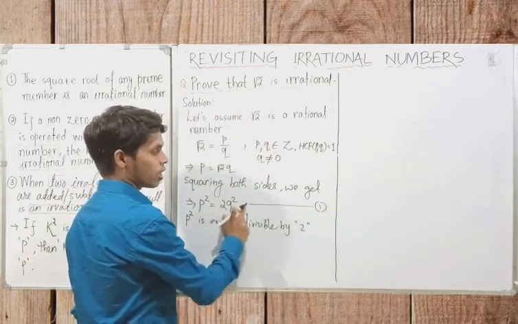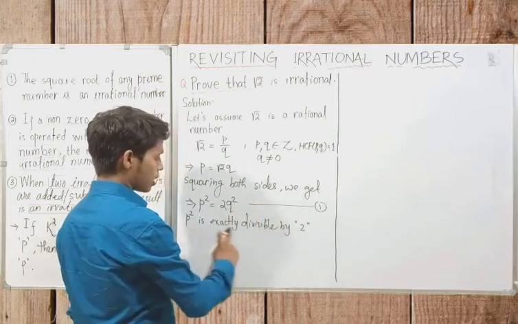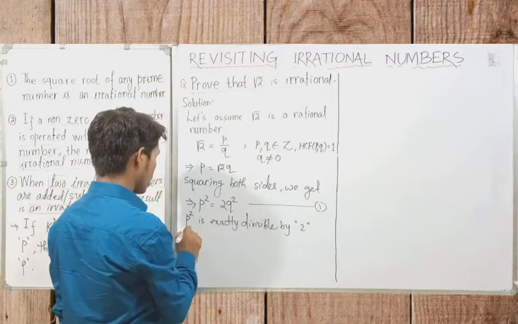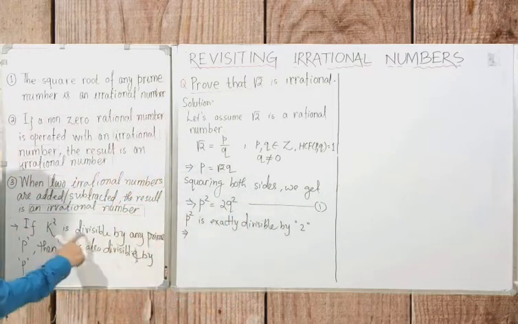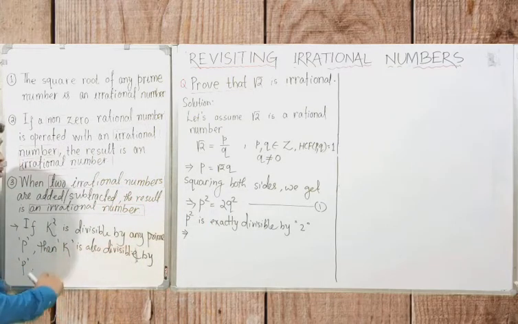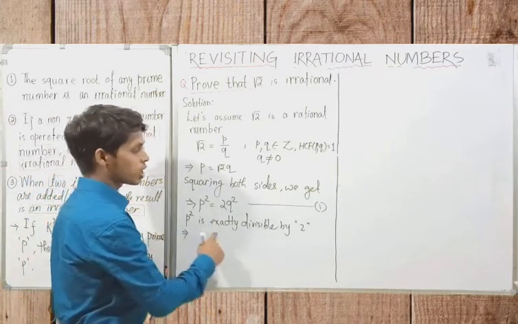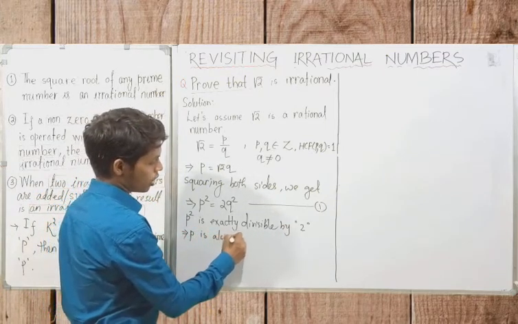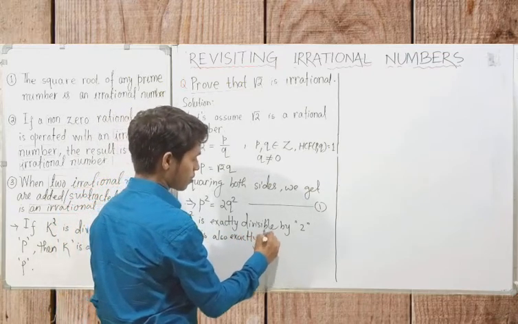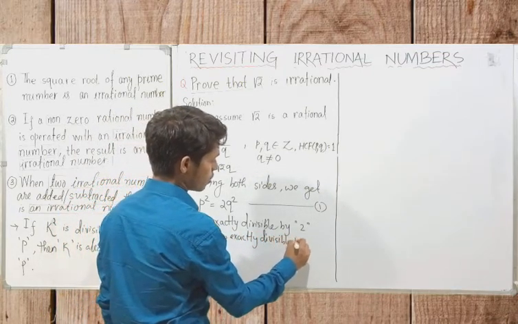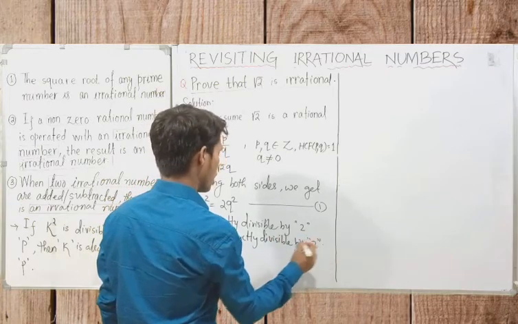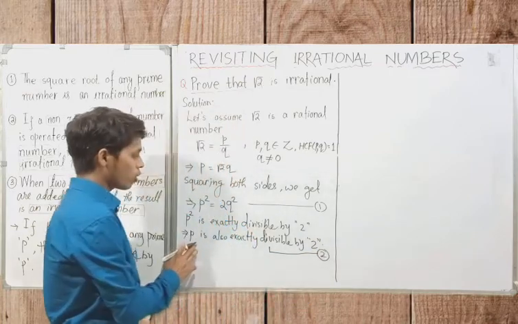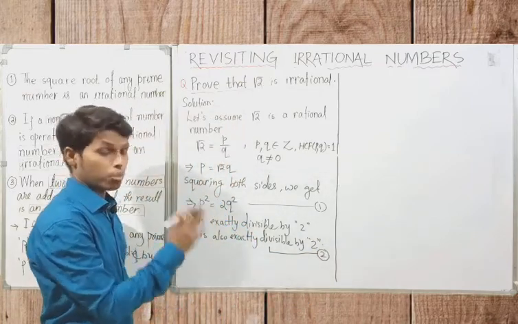This first equation I named as 1. Then this statement p square is exactly divisible by 2. After that we will use this concept that if k square is divisible by any prime number p, then k is also divisible by that prime number. Similarly, if p square is divisible by 2, then p is also exactly divisible by 2. Very simple. Let's name this as number 2. So here we got p is exactly divisible by 2.